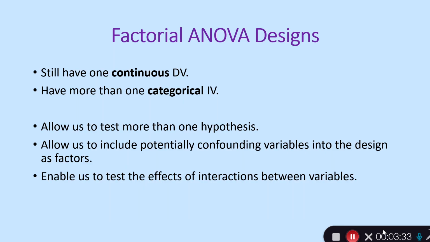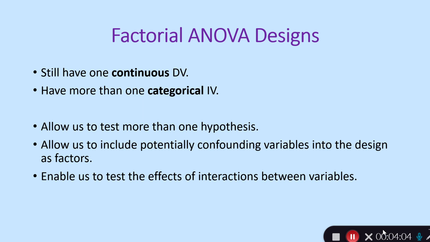Factorial ANOVA designs still have 1 continuous dependent variable, the outcome variable, the thing we're measuring changes or differences in scores on, but they have more than 1 categorical independent variable. And this allows us to test more than 1 hypothesis. That's the useful thing about these. We can include potentially confounding variables into the design as factors, so to some extent control for them.